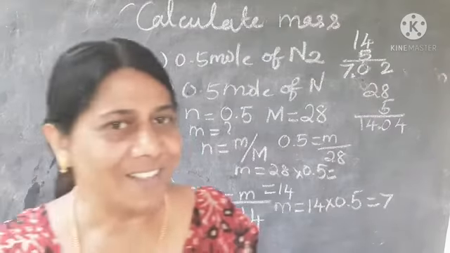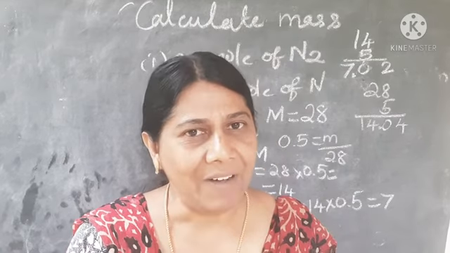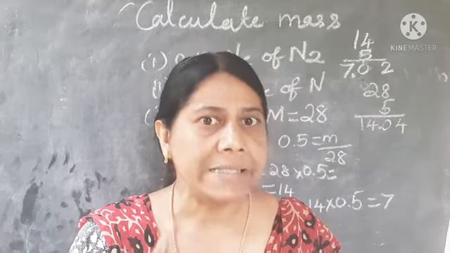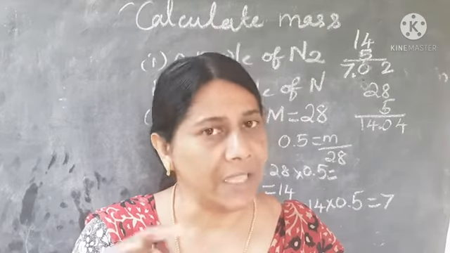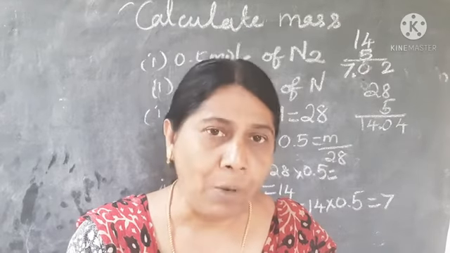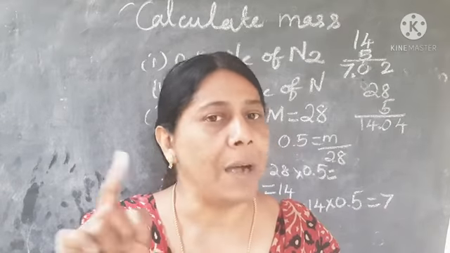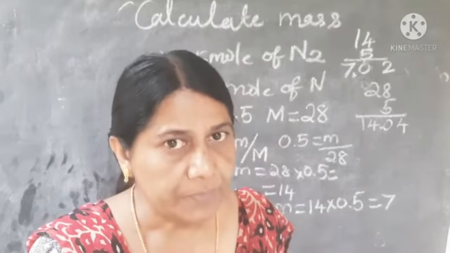Okay dear ones, hope you understood today's topic. What is molecular mass? The molecular mass is the sum of the atomic masses of all the atoms in the compound. Formula mass unit is also the same, but the only difference is that it is for one formula unit of the compound. And what is 1 mole?